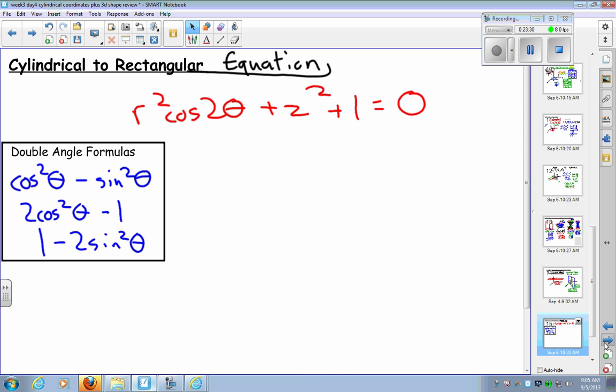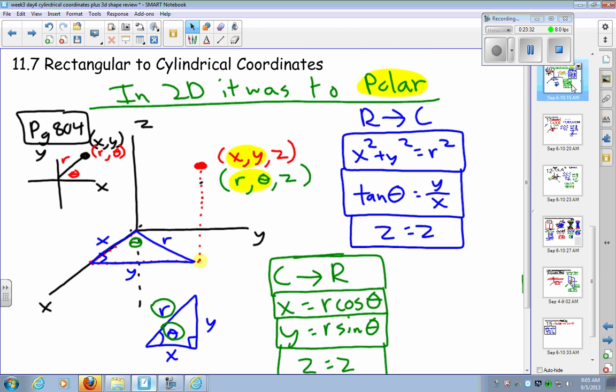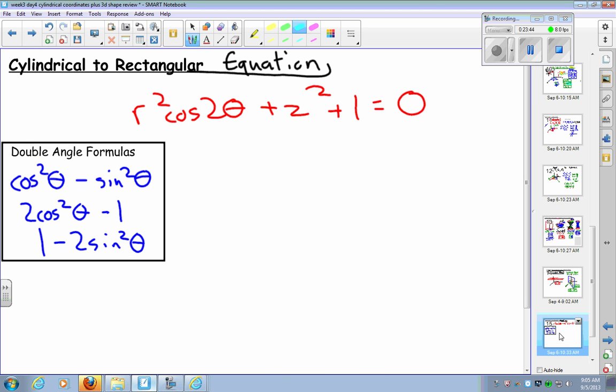And if you're going, what are you saying, Bach? Look back here. This is all about cosine theta or sine thetas. It's nothing about 2 thetas or sine 2 thetas. So on here, I don't want this guy like that because I don't know how to change it between rectangular and cylindrical.